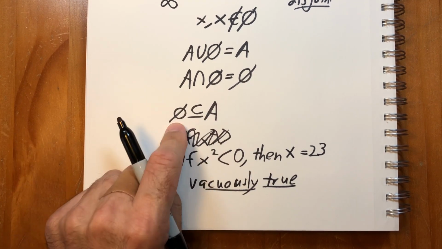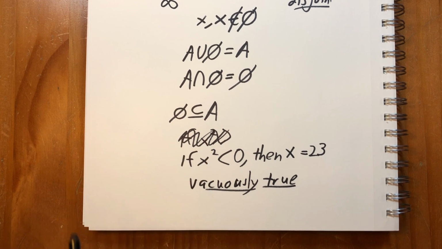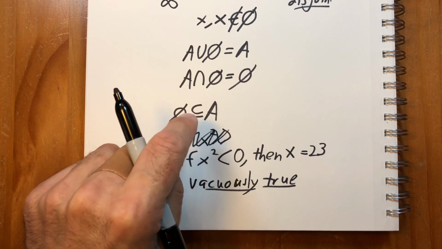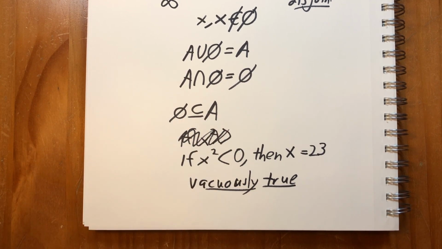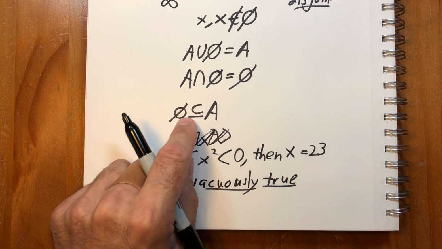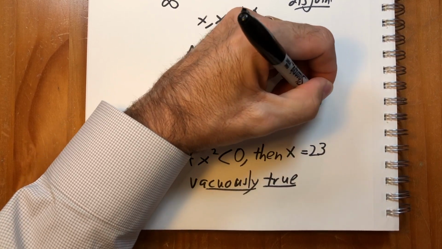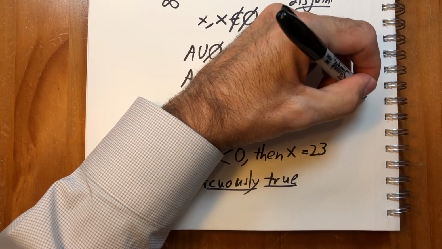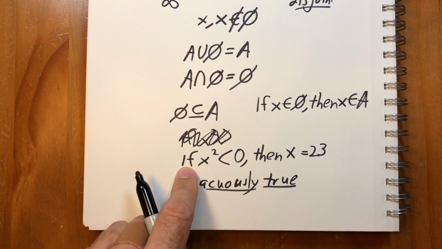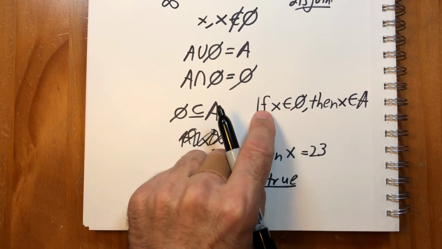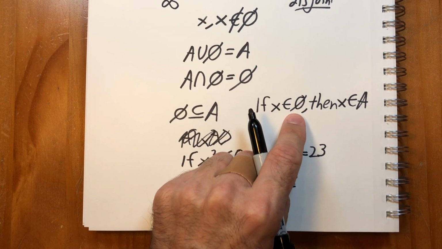Okay, so what about this? We can see that given what we just said, the empty set is a subset of A does hold for every set A. Because writing this is the same thing as saying that if x is an element of the empty set, then x is an element of A. And this statement is vacuously true, same as here, because it's never true. No element x is an element of the empty set.